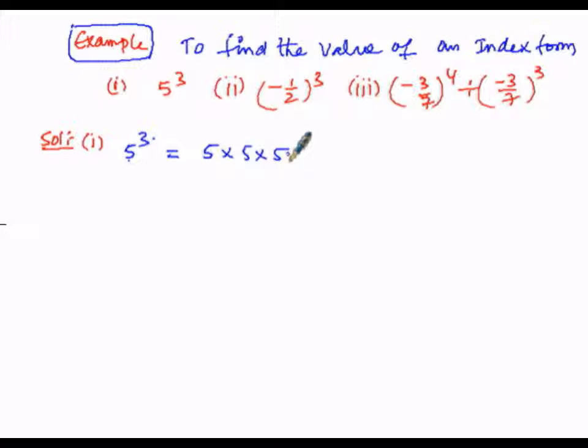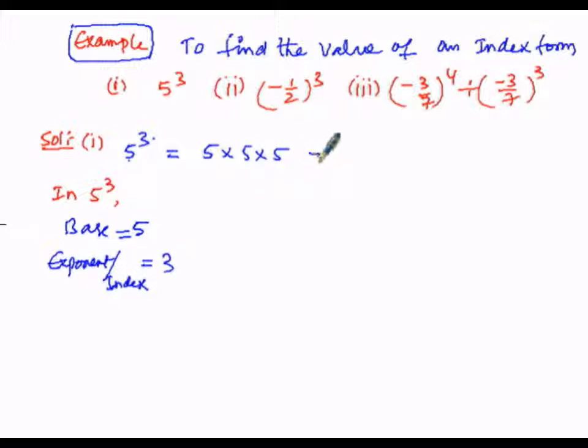Here in 5 cube, the base is 5, because 5 is repeatedly multiplied; the repeatedly multiplying factor is called the base, and the exponent, or in other words the index, is the number of times the base is repeated. So 5 is repeatedly multiplied thrice, so 3 is called the exponent, or the index.